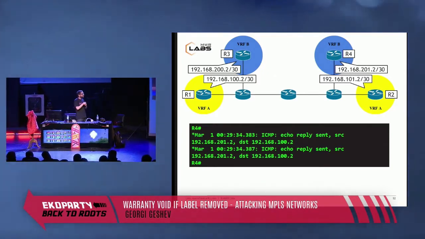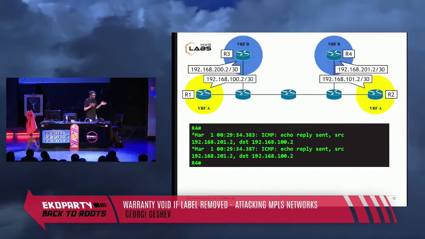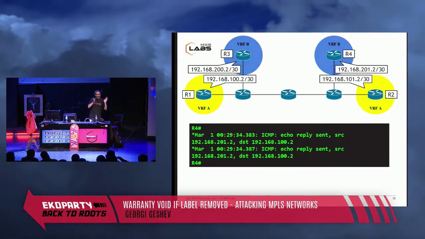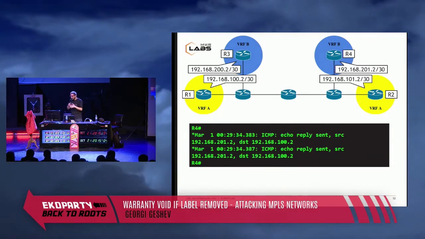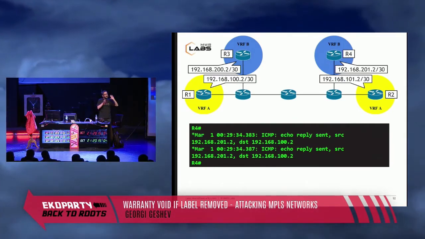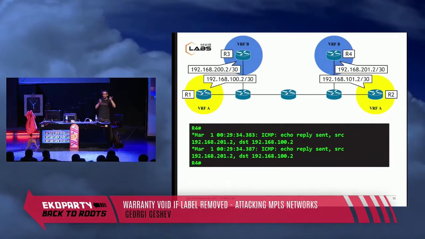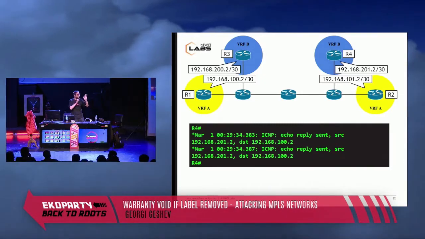We are using these label ranges based on some previous research on how different vendors assign labels to different VRFs. There is a list of vendors and their strategies for assigning labels. Some vendors would start assigning labels from 17.